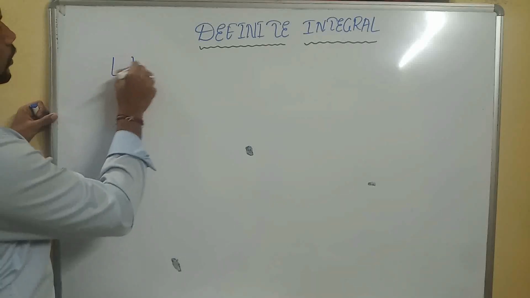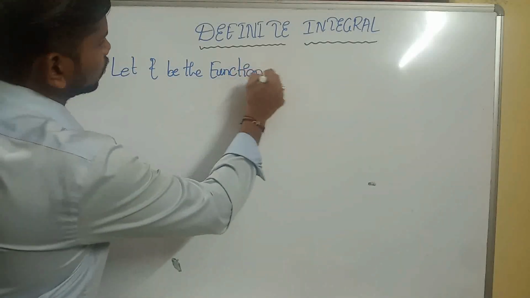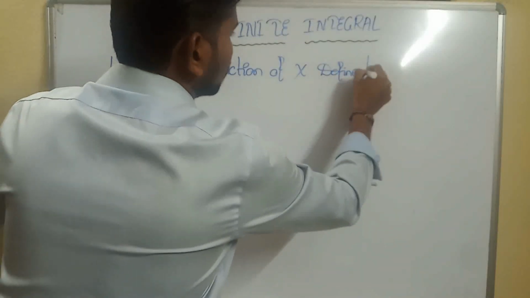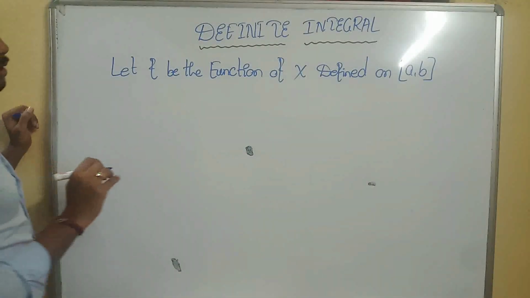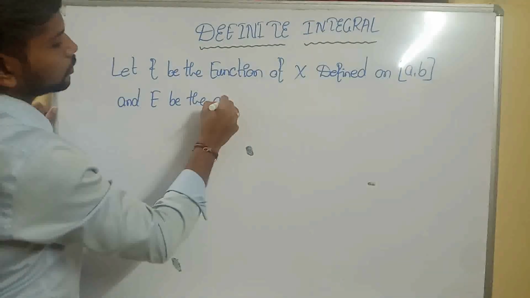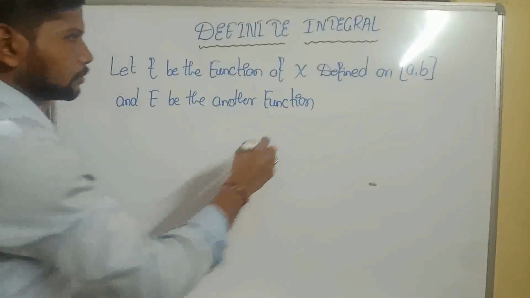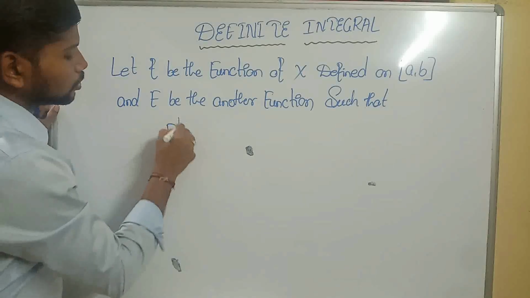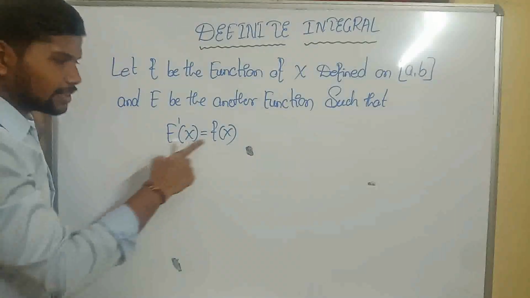Let f be the function of x defined on a closed interval [a, b], and let capital F be another function such that F dash of x is equal to f of x, meaning the derivative of capital F of x is small f of x.